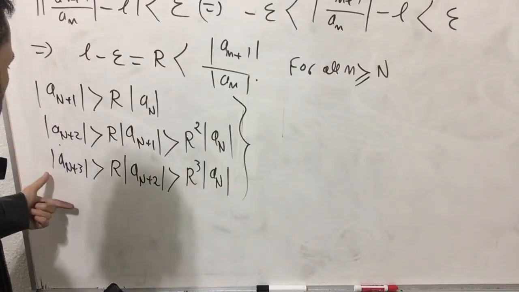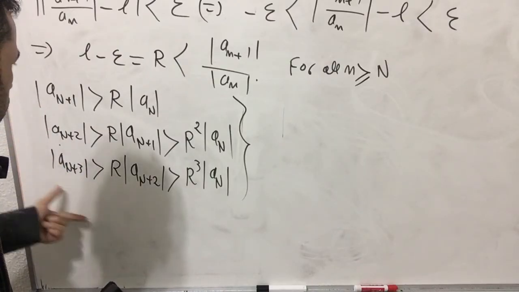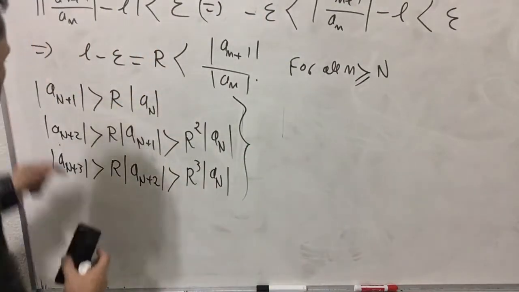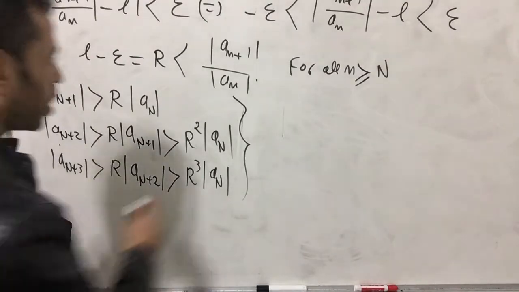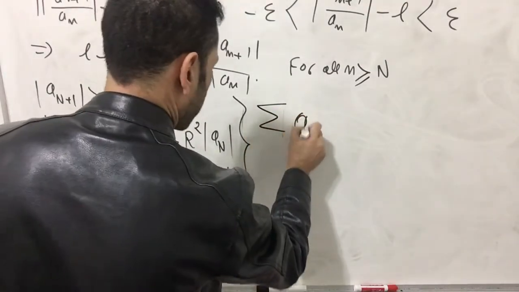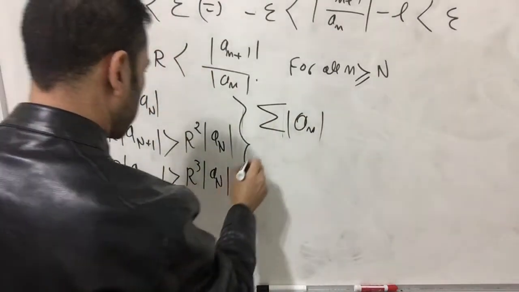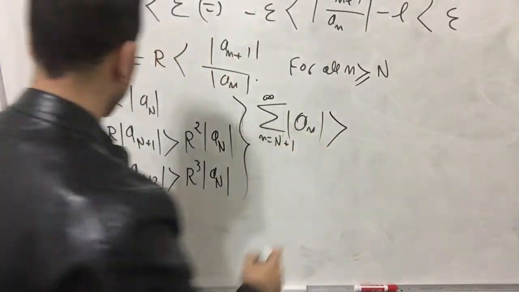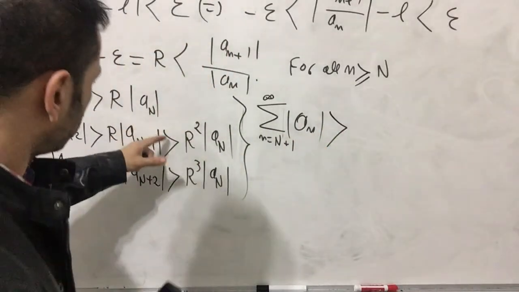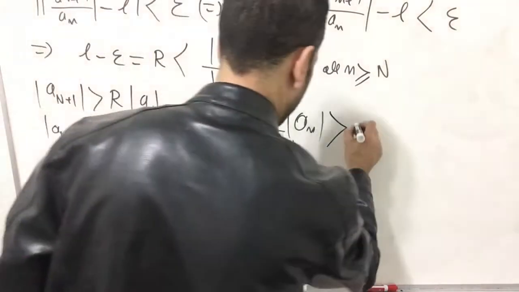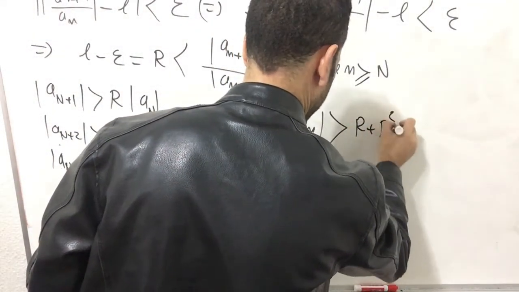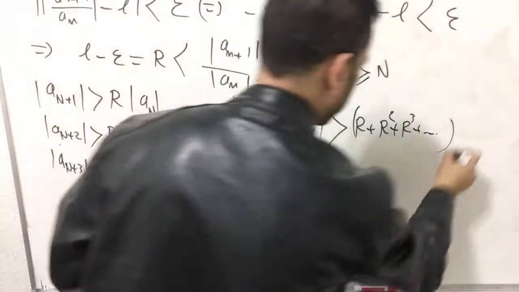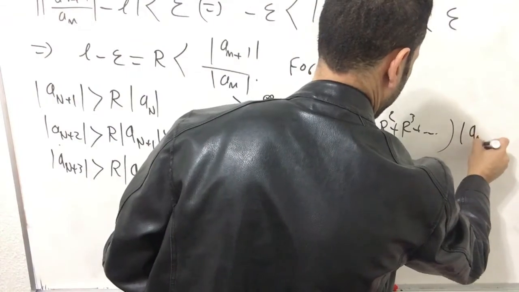I'm going to collect all the terms on the left hand side of this inequality and all the terms on the right hand side to see what the expression is. By adding all these terms, I will have the sum of the absolute value of A sub n, as n goes from capital N plus 1 to infinity, strictly superior than R plus R squared plus R cubed and all the way down, the whole thing multiplied by the absolute value of A sub capital N, okay?